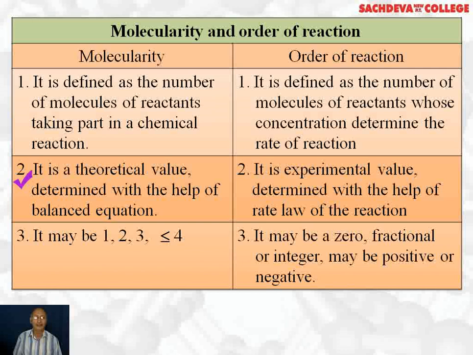Molecularity is a theoretical value and it is determined with the help of the balanced chemical equation, whereas order of reaction is an experimental value, determined with the help of the rate law of the reaction, which is formulated with the help of experiments. Molecularity can be 1, 2, 3 or rarely 4, whereas order of reaction may be 0, fractional or integer. It may be positive or negative.